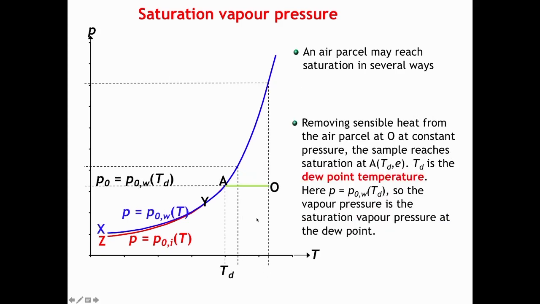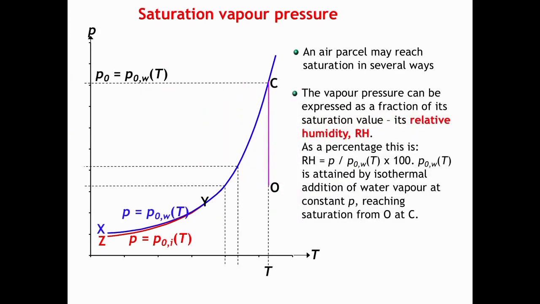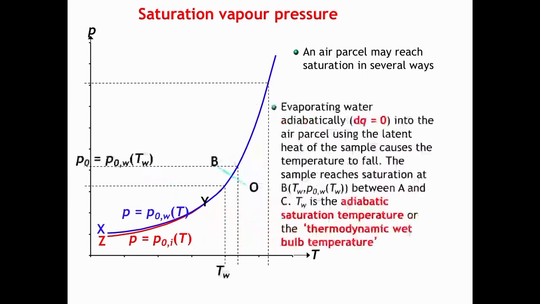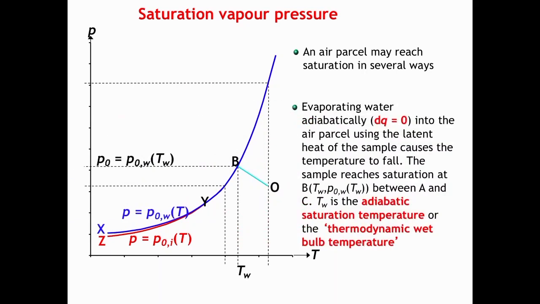So just to recap, remove sensible heat, you go horizontally. Add water vapour, you go vertically. Move perpendicularly, and you adiabatically evaporate water. Okay.